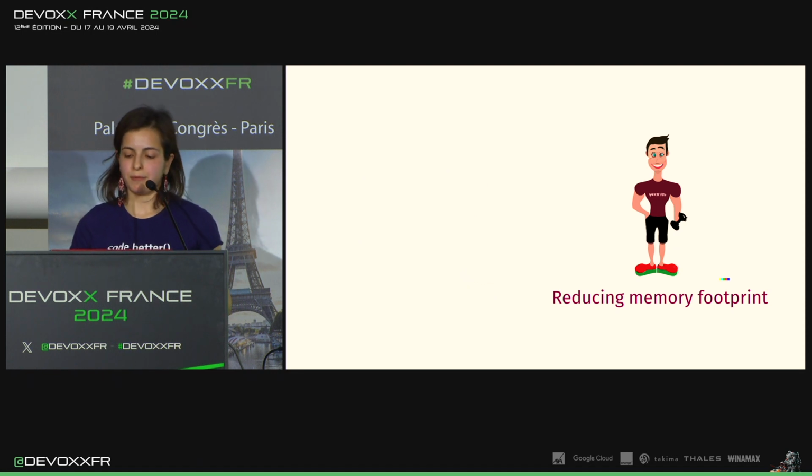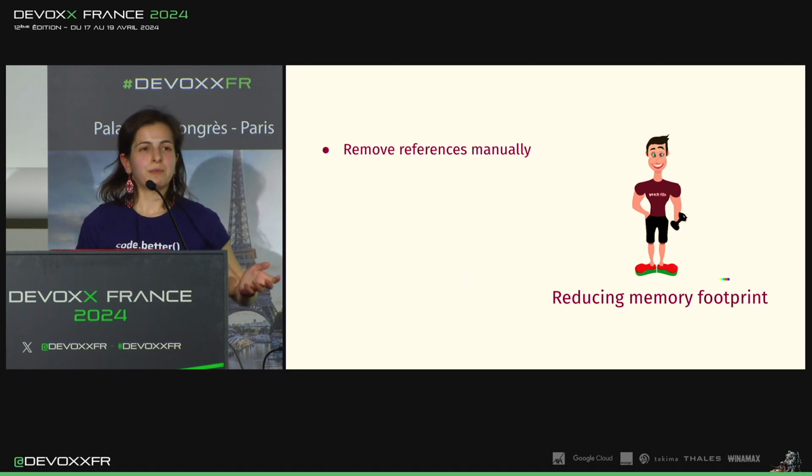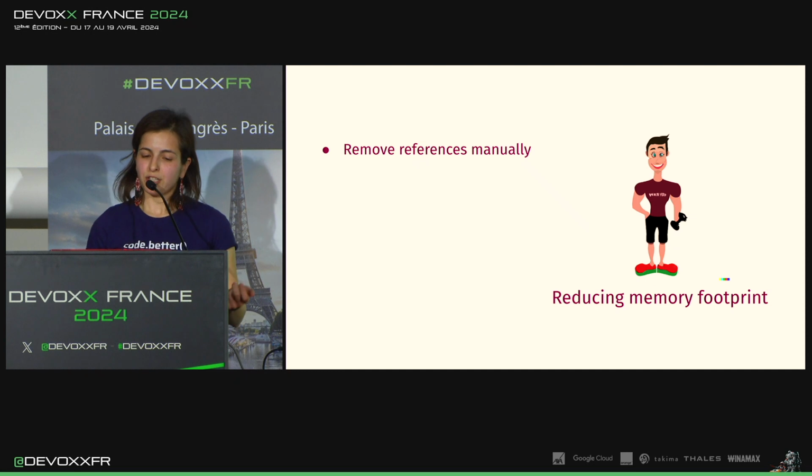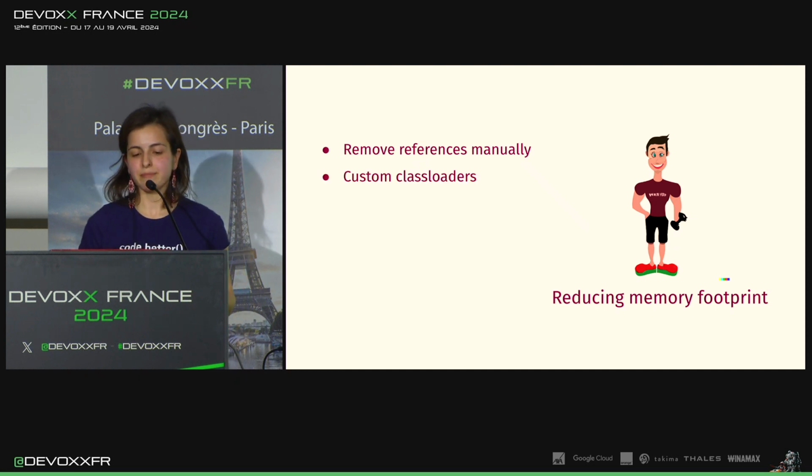So how can we reduce memory footprint? We can actually remove all the references manually. That's what my colleagues from C++ are doing. I don't want to go in that direction, but it helps. Another point, you can write custom class loaders, and we looked at static fields in order to garbage collect them.